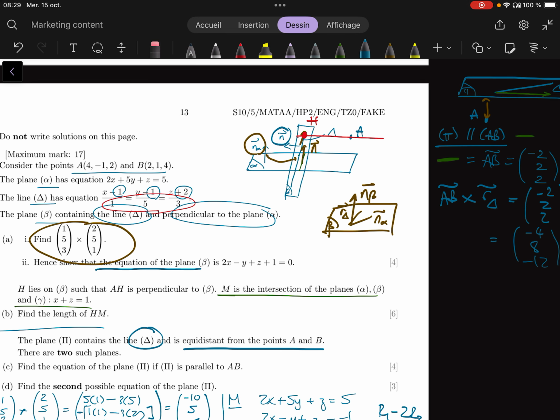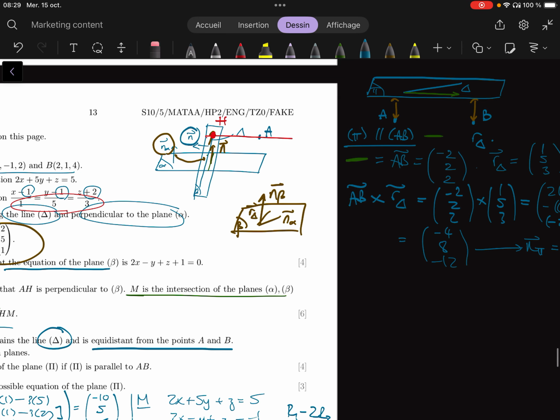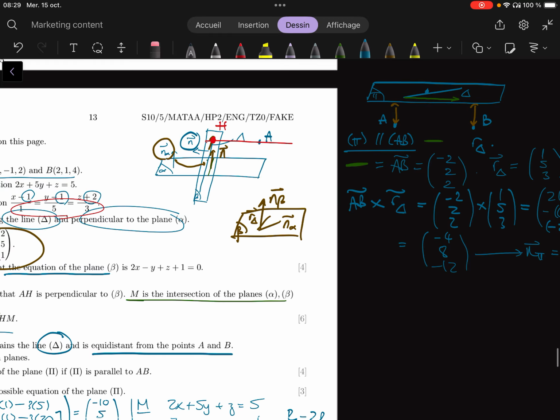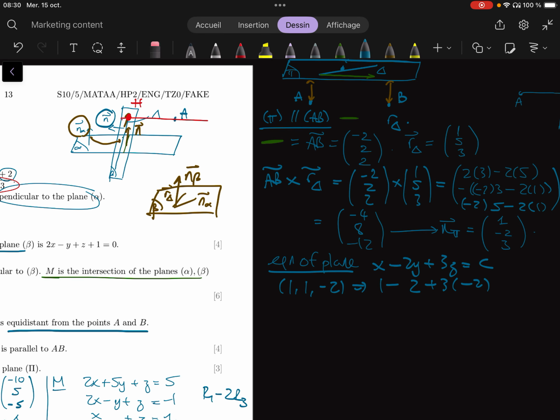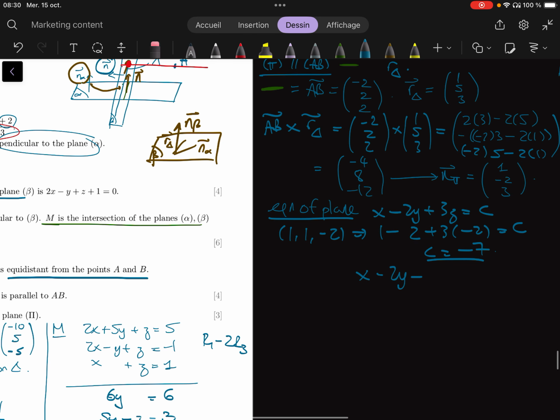So as before, we know that the point (1, 1, -2) lies on delta. Therefore, the equation of the plane is going to be this guy.